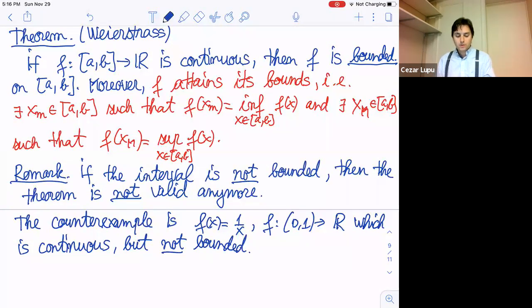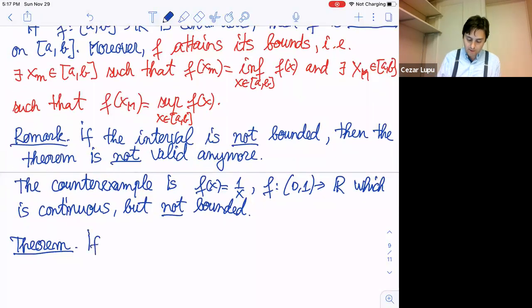All right, so this is one thing. Also, I'd like to point out another important theorem, which will tell us how we can transform intervals through continuity.